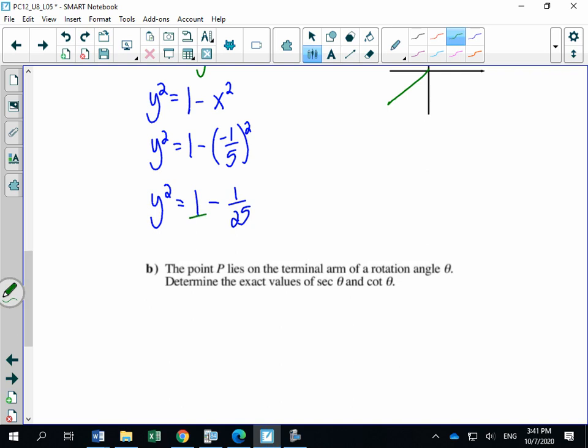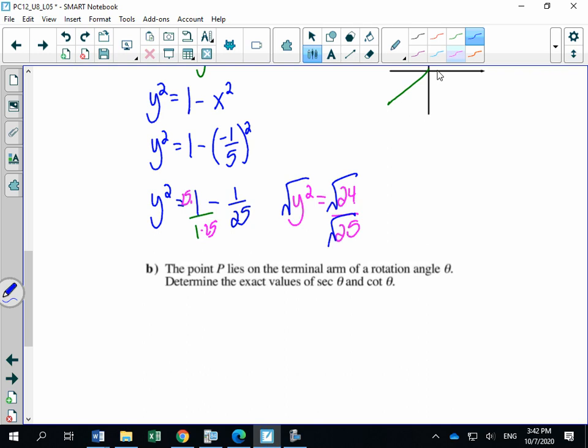If I get common denominators, I'm going to multiply this by 25 and this by 25. Y squared is equal to 25 minus 1, which is 24 over 25. And then to isolate y, we square root everything.